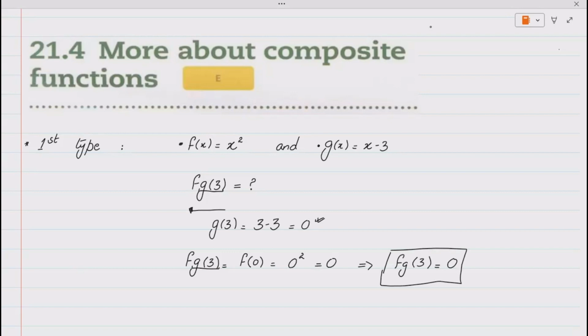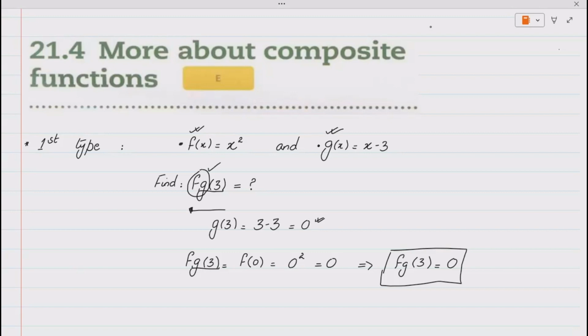So this is the first type of question which can occur in the exam, that you are given any two functions. Here, for example, we take f of x as x square and g of x as x minus 3. And then they ask us to find the composite function. So whenever two functions are written next to each other like this, it means there is a composition, right?